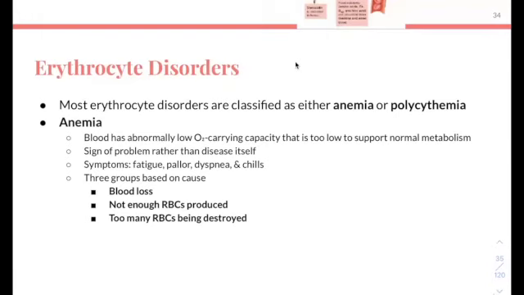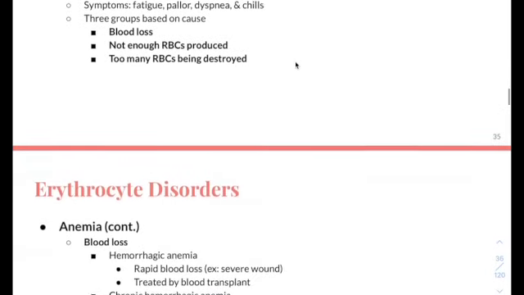So you usually feel fatigued, and paleness can be seen, plus dyspnea and chills. There are 3 different types of anemia: blood loss, not enough red blood cells, or too many red blood cells being destroyed. So we're going to look at the different anemias that go to each.